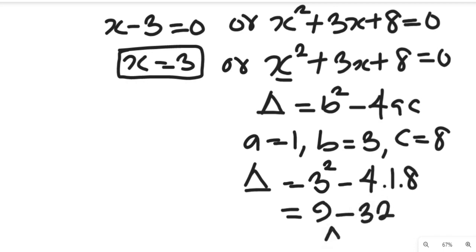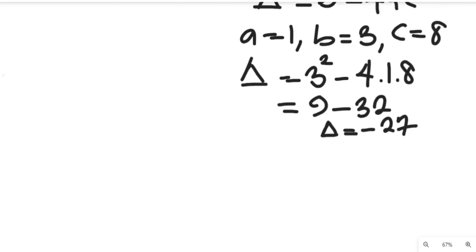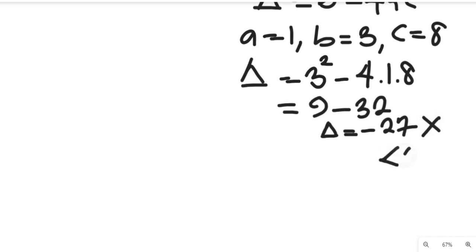So our discriminant is going to give us 9 minus 32, which will give us negative 23. So the discriminant is negative. What does that tell us? It tells us that the solution to this equation is not going to be real, and so it is going to give us an imaginary root, which is not going to be a real solution.